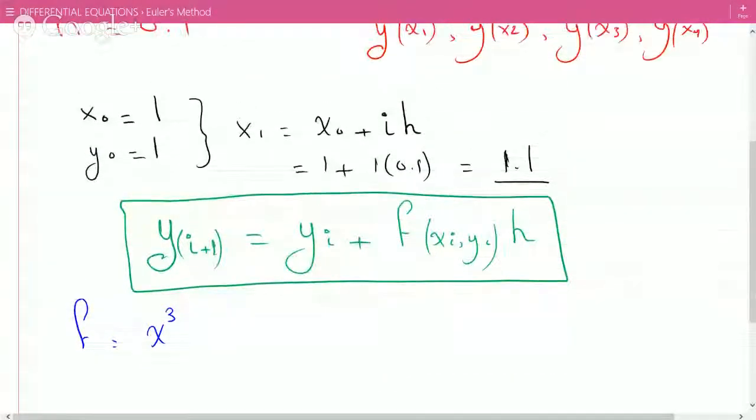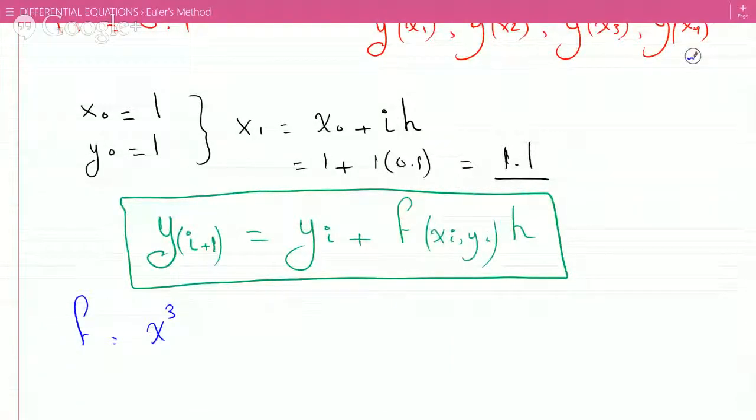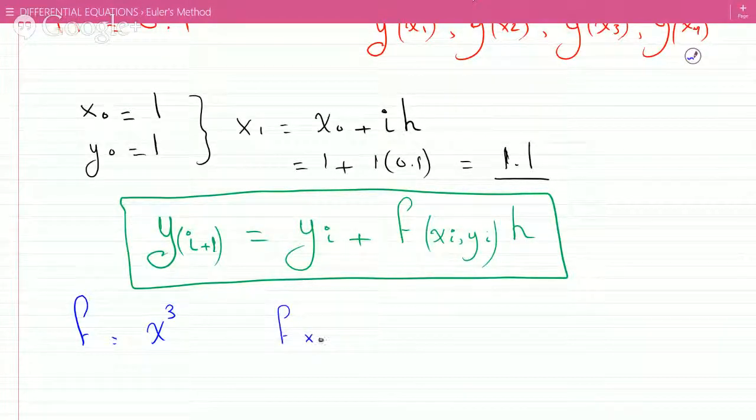So I can find, so we're still on x1 now. So I could find what f of x0, y0 is by plugging in x0 and y0 in the equation. x0 is just 1.